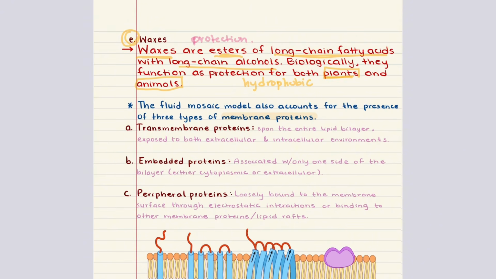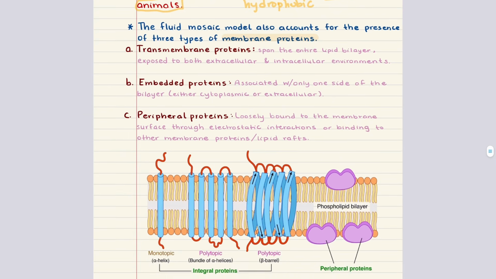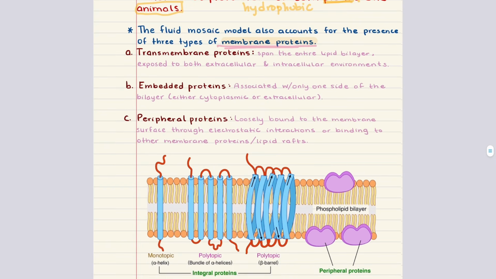Besides lipids, proteins are also major components of biological membranes, and they play a lot of roles in membrane function. The fluid mosaic model accounts for three main types of membrane proteins we need to know for the MCAT. The first type is transmembrane proteins.